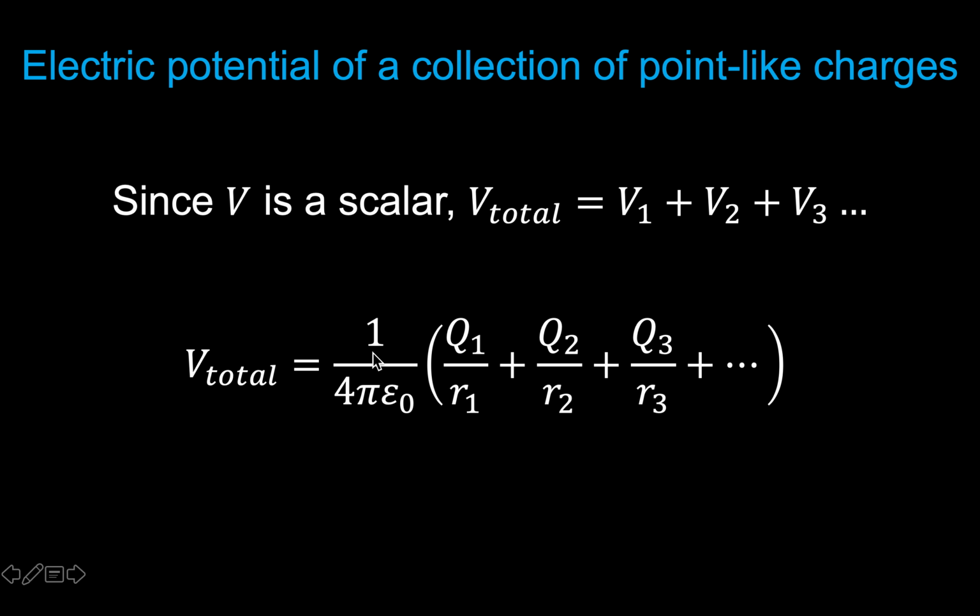And if we wanted to write that out according to what we just have in our last box, then V total, if we factor out our constant, is just our constant times Q1 over R1 plus Q2 over R2, and so on. I just want to make sure that you understand what these R1s are. So let me make a quick sketch here for you.